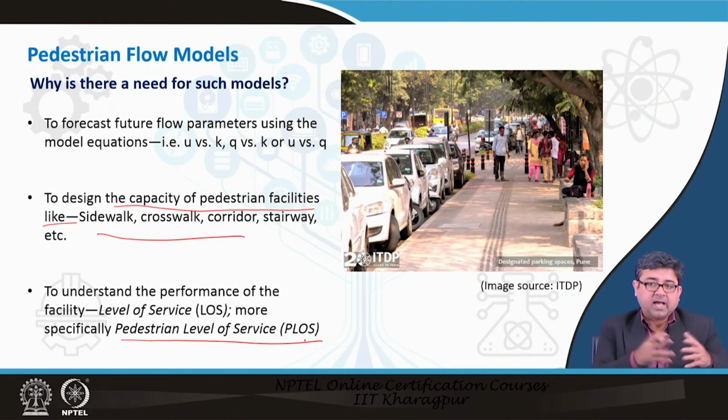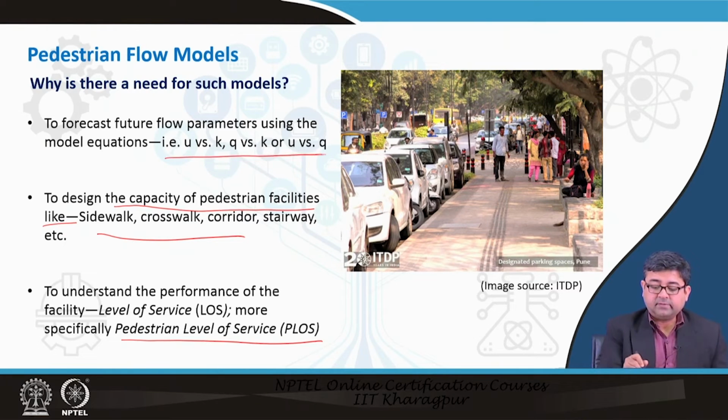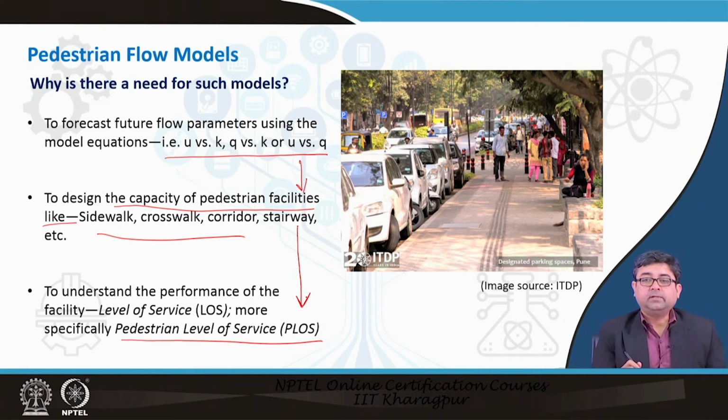If you do not design it accurately, then your level of service, which is an indication of how well the pedestrian facilities are serving the users, will be affected. So, the basis for everything is to know this relationship between the flow parameters, which in turn tells you what capacity you should construct your pedestrian facilities for, which in turn affects the level of service provided by the pedestrian facilities.